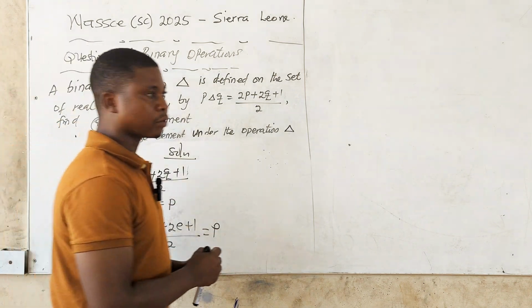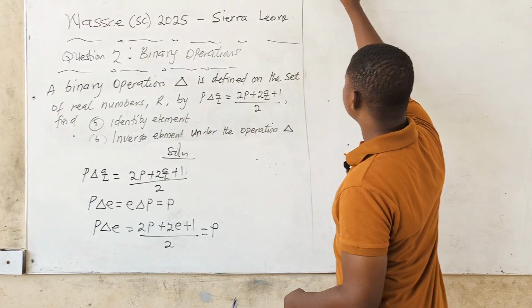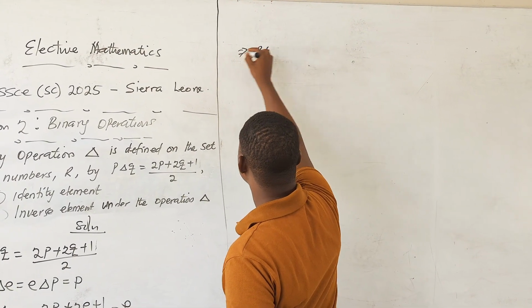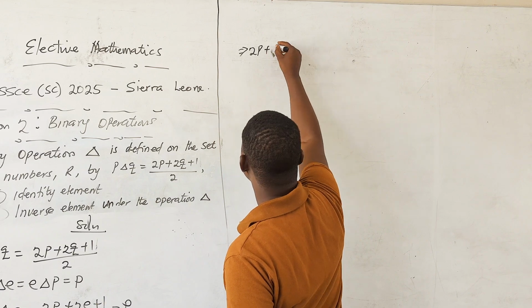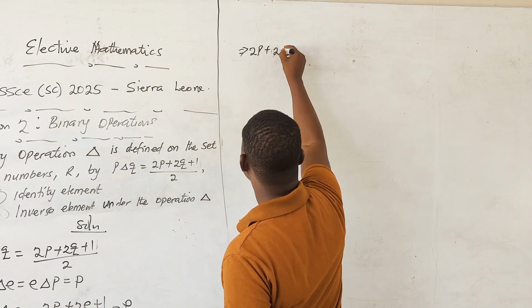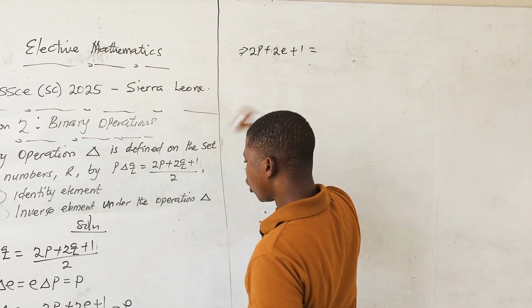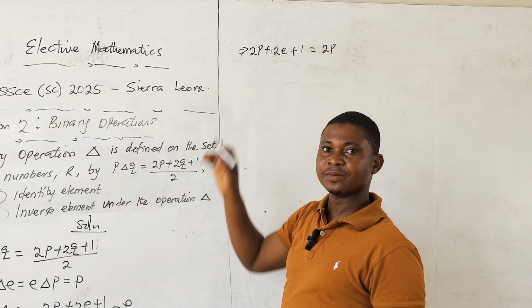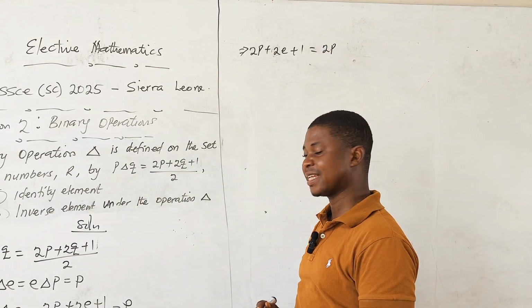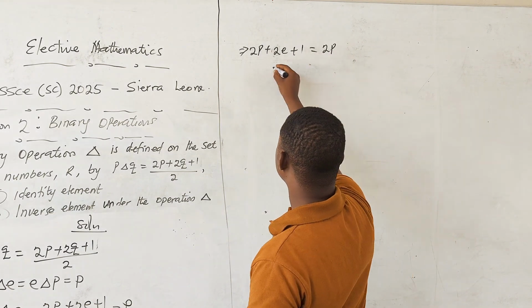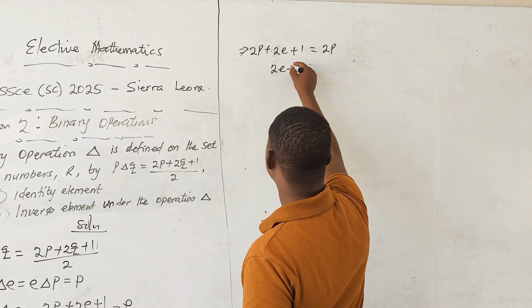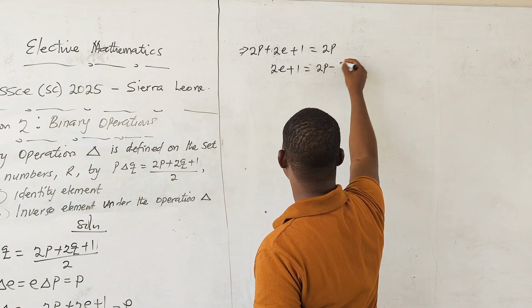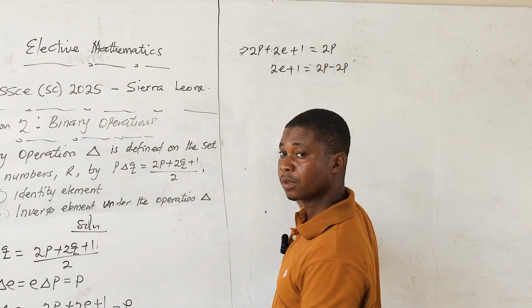So with this, we can continue to solve. We have 2P plus 2E plus 1 should be equal to, we can cross multiply that, 2P. We want to make E the subject because E is the identity element. So this one will go there. You have 2E plus 1 is equal to 2P minus 2P.